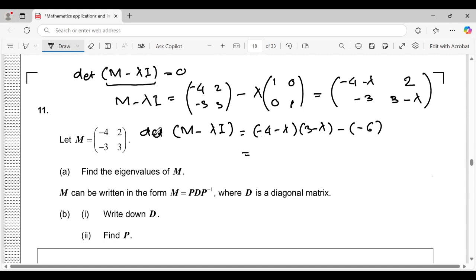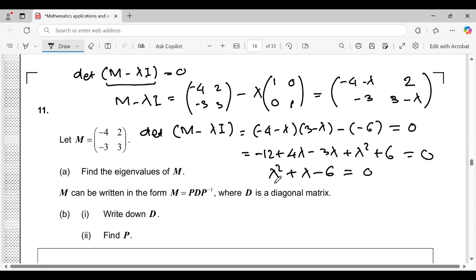It should be 0, because we are going to find lambda. So it will be minus 12 plus 4 lambda minus 3 lambda plus lambda squared plus 6, because minus minus is plus, equals 0. And it is lambda squared plus lambda minus 6 equals 0.